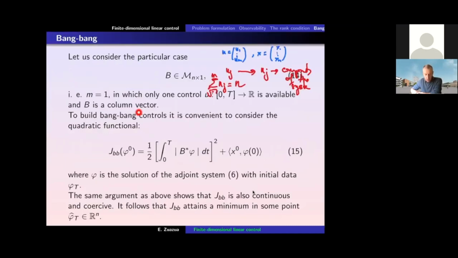A bang-bang control is a control that is just taking two values. So it's some value plus M and some value minus M, right? How does a bang-bang control look? Well, it's very simple. Sometimes it's M, sometimes it's minus M, sometimes it's M, sometimes it's minus M, sometimes it's M, some others it's minus M, right?